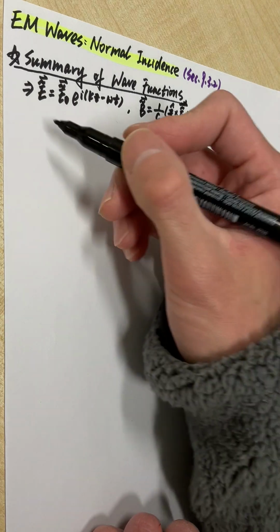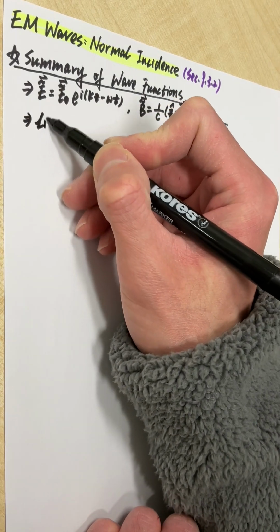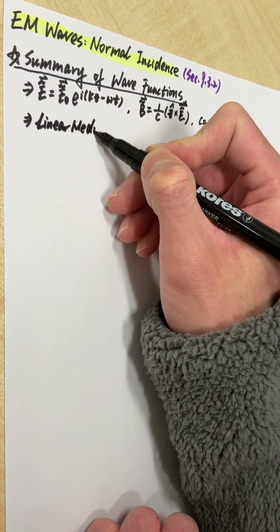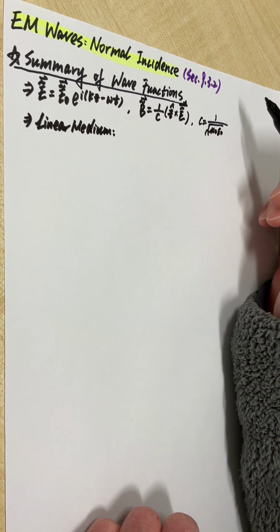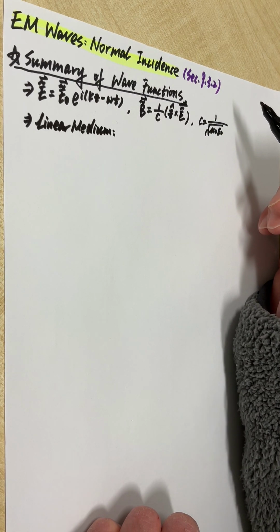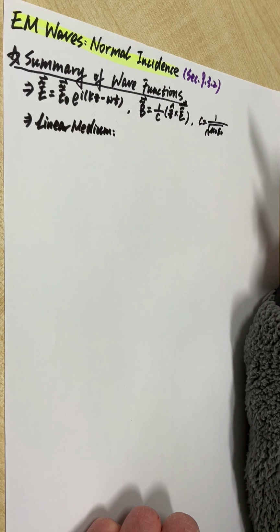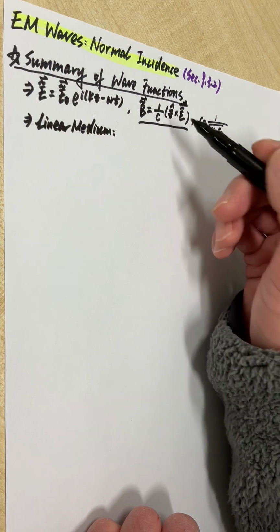So now what happens when we have a linear medium? The EM wave travels at a slower speed in a linear medium, so we need to modify the magnetic field.